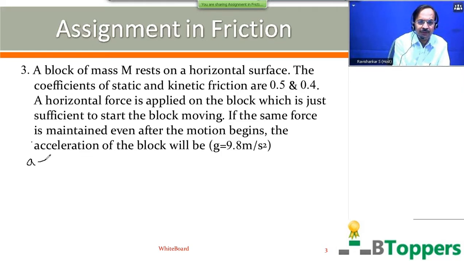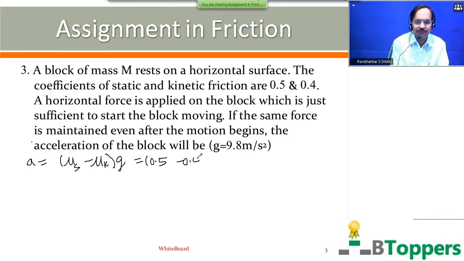The acceleration of the block will be given by, if you remember the conclusion of special case 1, you can directly use the conclusion to solve faster: mu s minus mu k into g. Here mu s is 0.5, mu k is 0.4. So you get the magnitude of the acceleration of the block as 0.98 meter per second square.